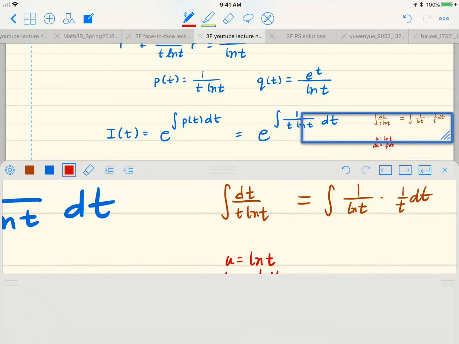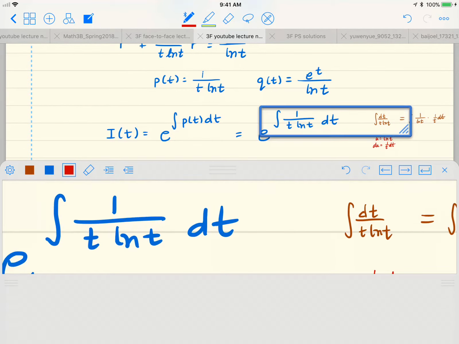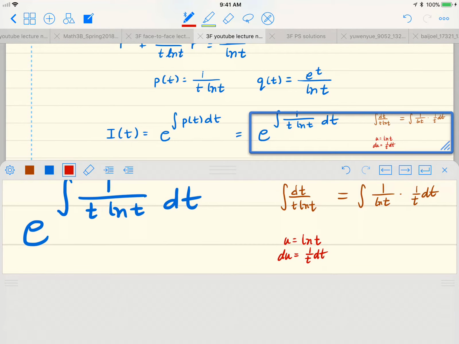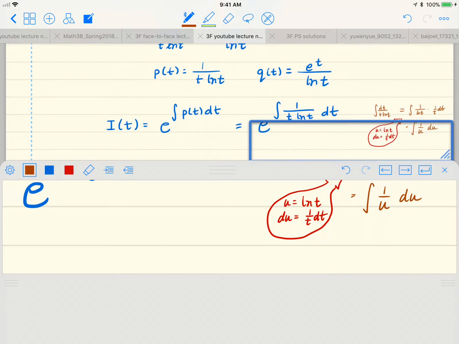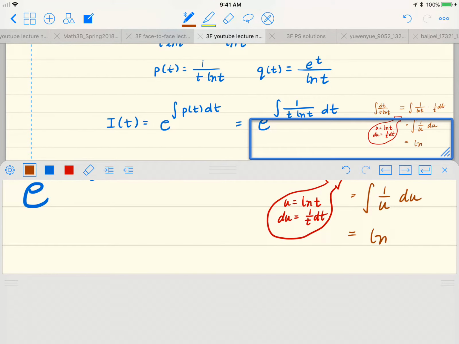So I can rewrite this integral as the integral of 1 over u du. And I know the integral of 1 over u du is going to be natural log of u.